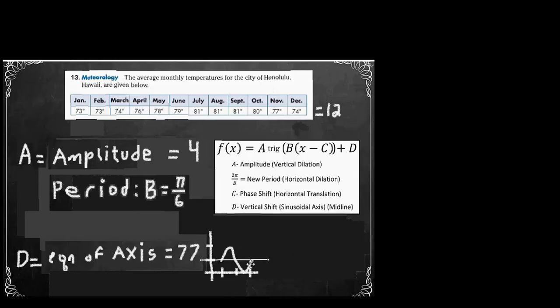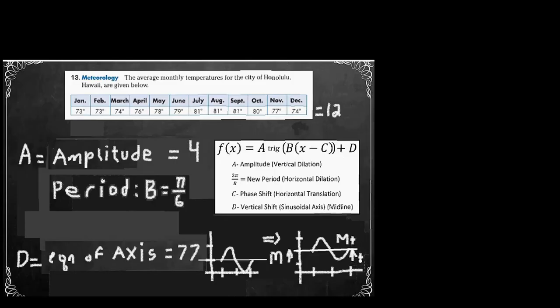Y equals 1, the midline. But let's say we make a vertical shift, to keep it easy, positive 1. Sketching it, the max is 3, min 1. The modified midline is 2. Nice. The new starting point, 1, 2.